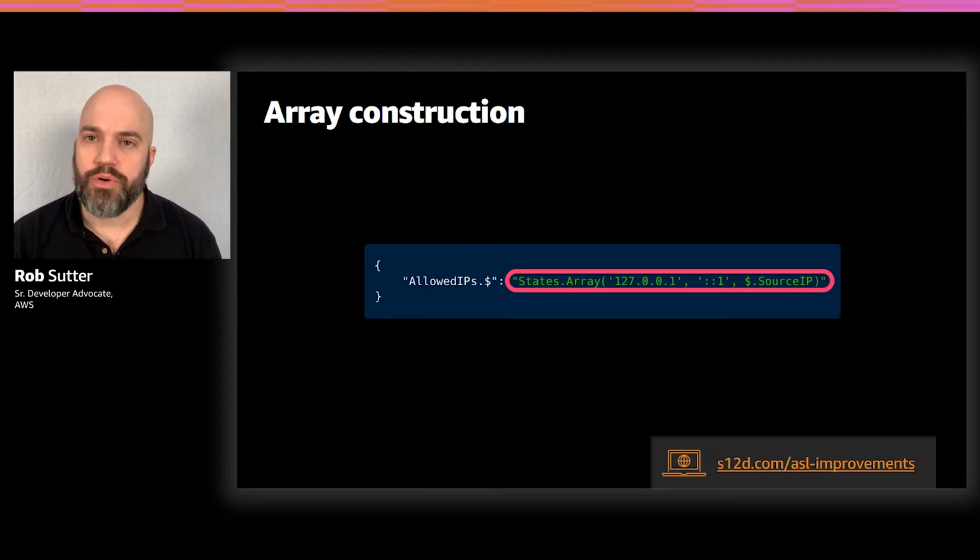Now, one thing that's important to note here is there's no flattening in this function. So if our source IP key pointed to a list value, we would now have a two-dimensional array. If you have an array of items that you need to flatten, you'll still need to take that into a Lambda function. However, for most common use cases, this allows you to perform what you need to do.